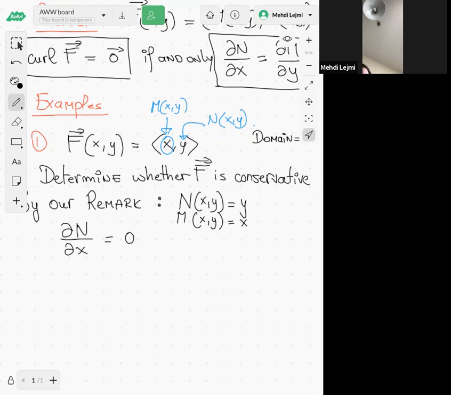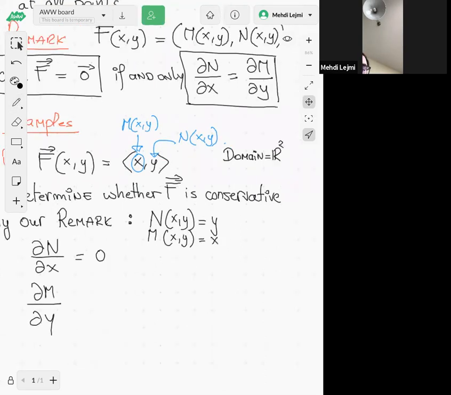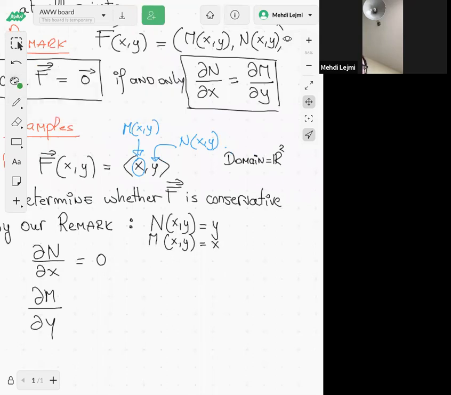Now, what about the derivative of M with respect to y? As I said, we need to compare the derivative of N with respect to x to the derivative of M with respect to y. Now M is equal to x, so when you derive with respect to y, you assume x is a constant, and the derivative of a constant is 0.